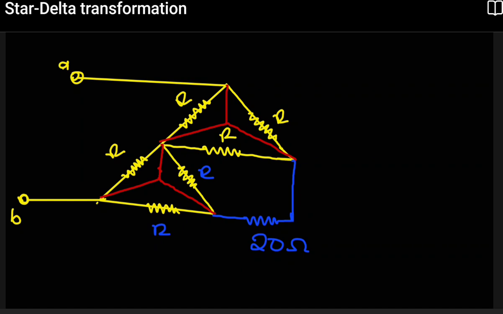Notice that once the two transformations have been made, the problem is going to be easier to work out. You'll see how. One other thing I'd like you to identify is that the two delta triangles we are making here, the first one on top and the one down here, are similar. They're similar in the sense that the resistors here are all R, implying that the way we'll resolve the delta to star on top will be the same way we'll resolve the one down here.